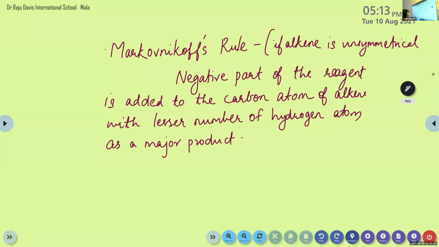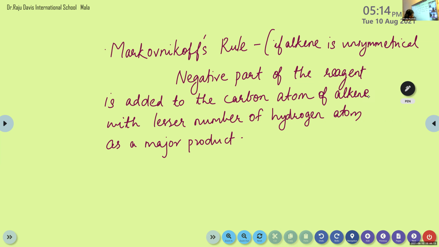Is this clear? Have you completed? Okay. Added to the carbon atom of alkene, right? Carbon atom of alkene.